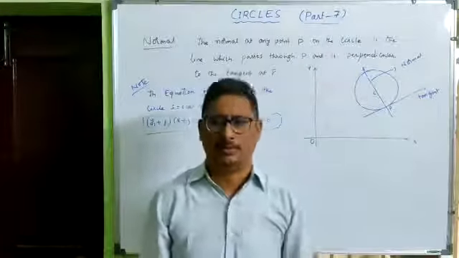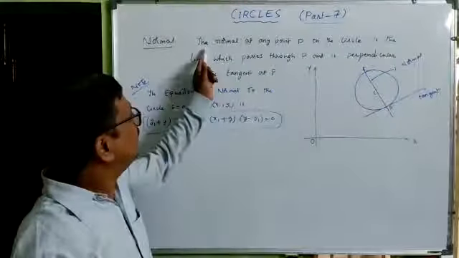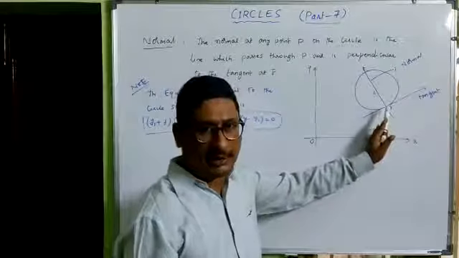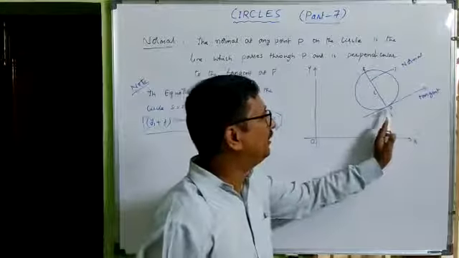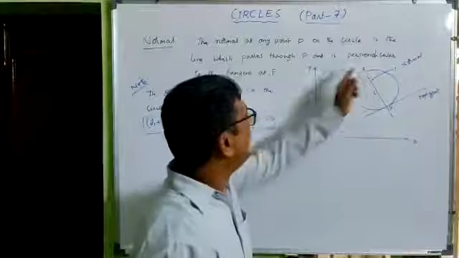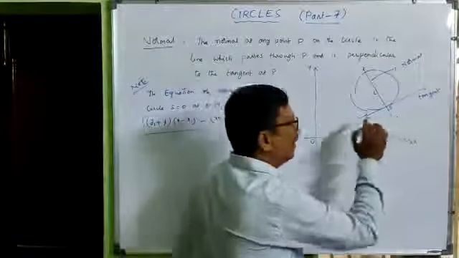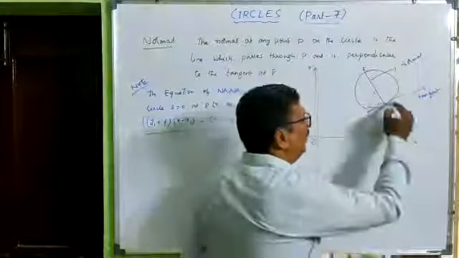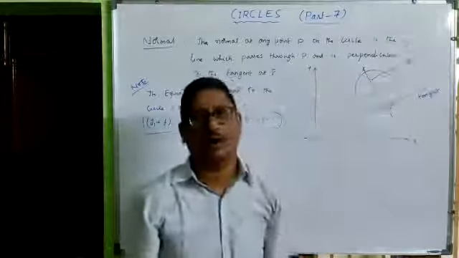So the normal at any point P on the circle is the line which passes through P and is perpendicular to the tangent at P.